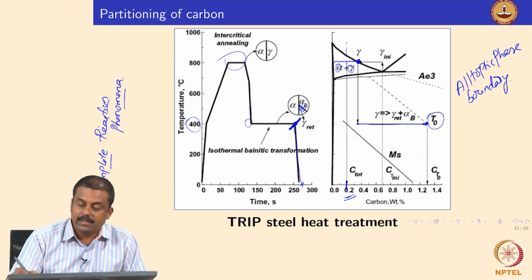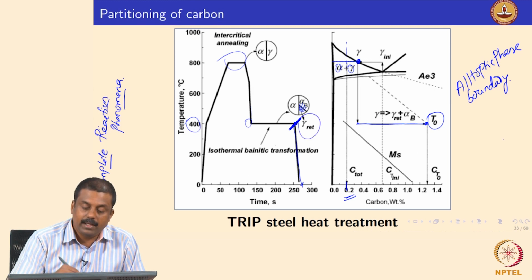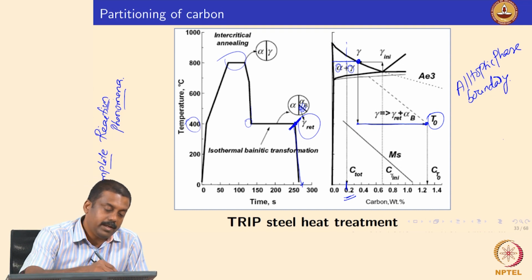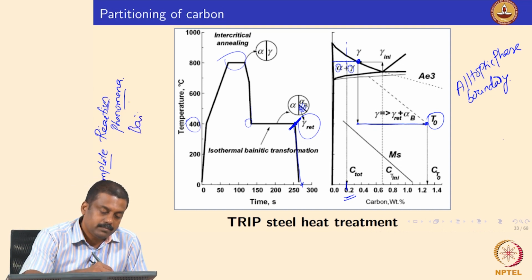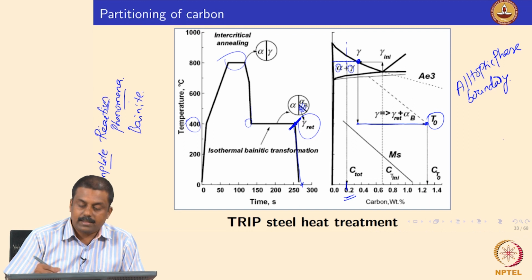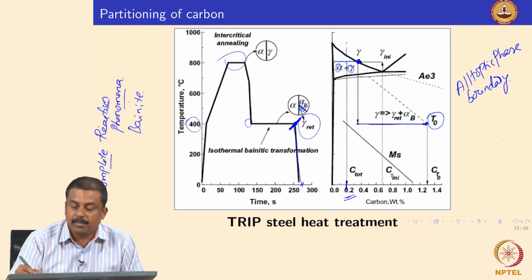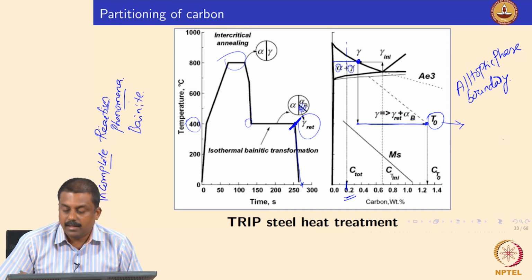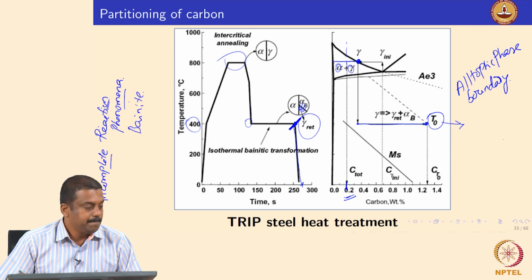So this is the thermodynamics of the stabilization of austenite. It is driven by the incomplete reaction phenomenon of bainite, and austenite ceases to transform to bainite upon enrichment to the T0 carbon concentration.